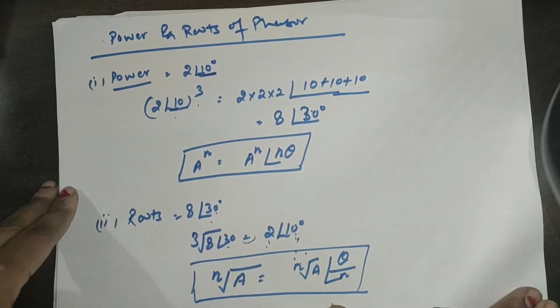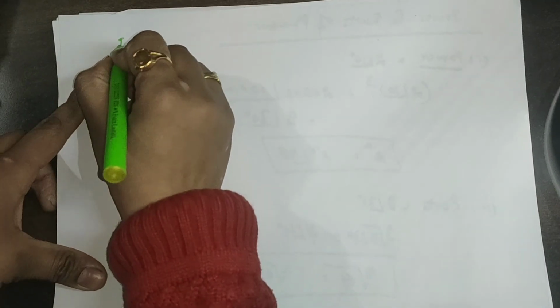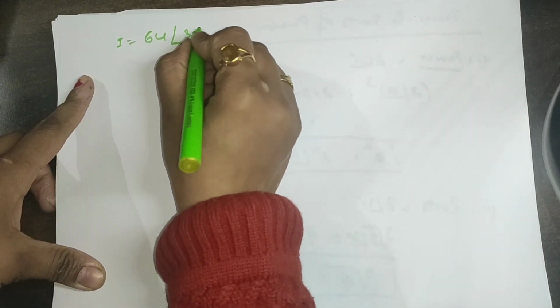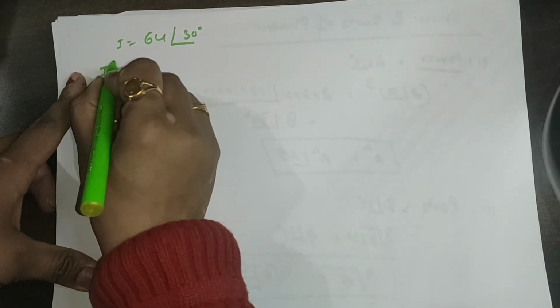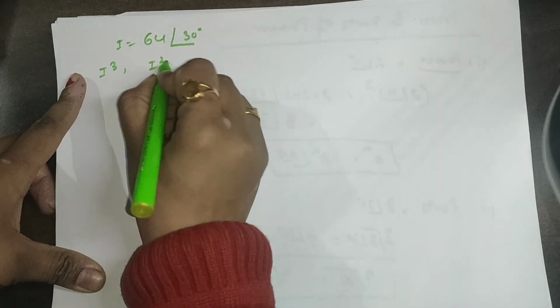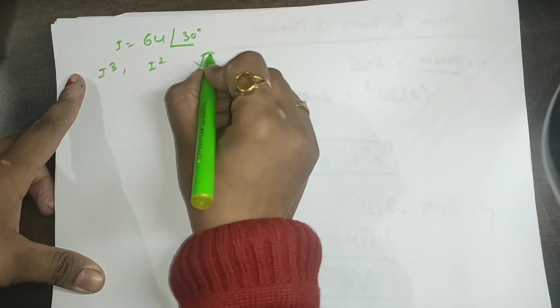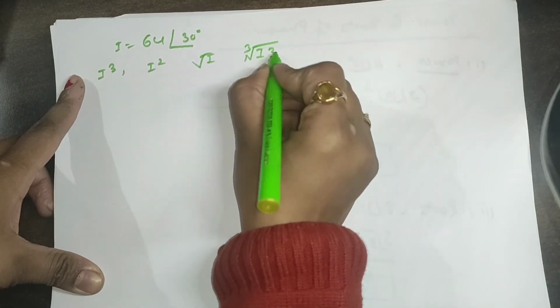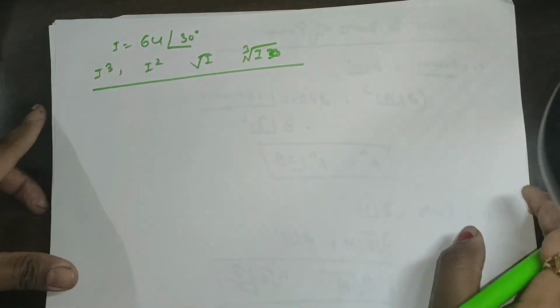Now we are doing an example that will be more clear to you, and you will be able to do any question after this. Let's suppose I is 64 angle 30 degrees. You have to perform I square, I cube, square root of I and cube root of I. So you have to perform these 4 values.